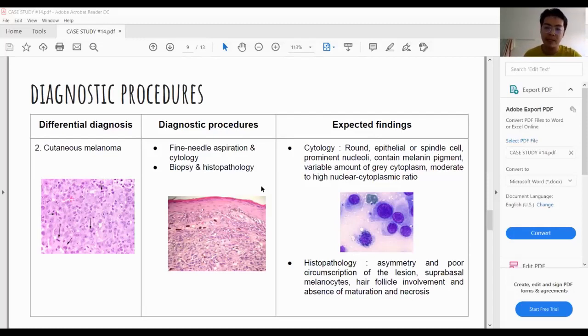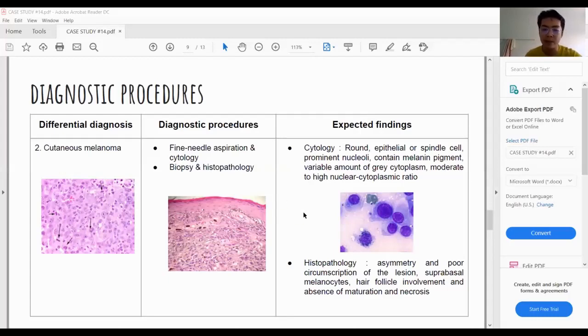There are a few expected findings when we use fine needle aspiration and cytology. We will observe round epithelial or spindle cells with prominent nucleoli. These cells contain melanin pigments with a variable amount of gray cytoplasm and also a moderate to high nuclear cytoplasmic ratio.